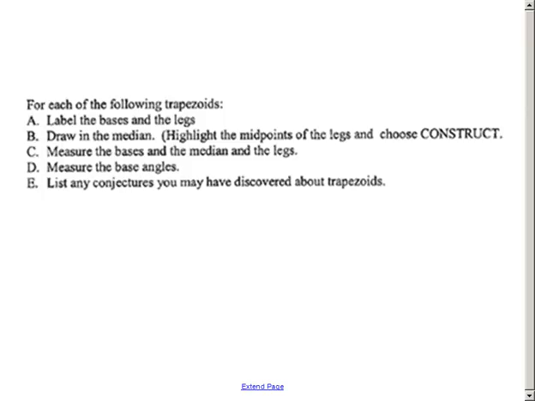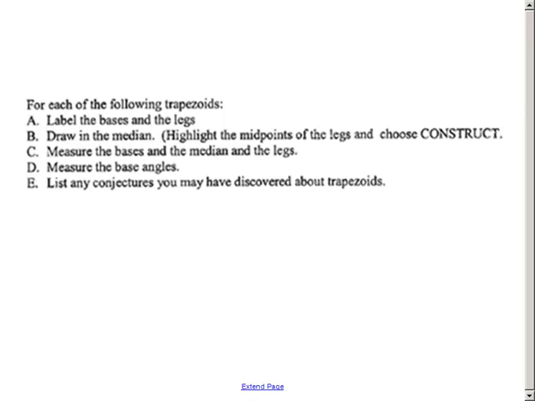The first part that we need to do is make sure that we are drawing in the median. So we are starting with our part B. So you'll take your straight edge and connect the midpoints of the legs for our figures and draw on a segment. The second step is to measure the bases as well as the median and legs.